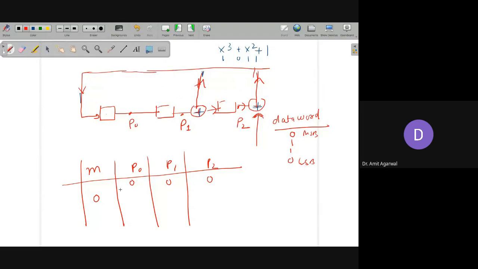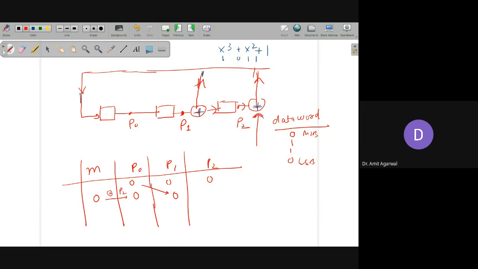Now we want to make the table. So first we enter 0, and 0 is now XOR with P2, and P2 is 0. So 0 XOR with P2 is 0. Now what happens? What is P1? P1 is the same as P0, correct? Because it's a shift register, whatever value P0 had at the previous time instant, P1 will have currently.